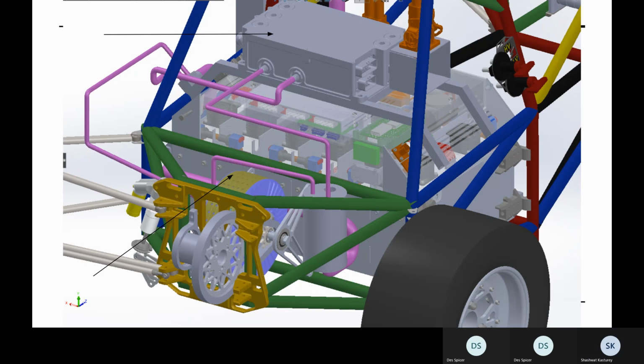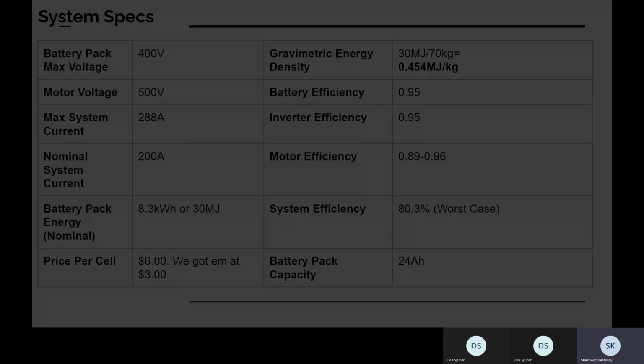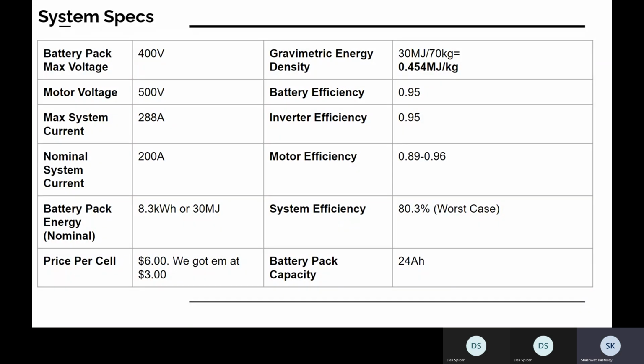So yeah, good question. There are a lot of trade-offs there, mainly weight and feasibility. Any more questions on this? Cool. So here are a bunch of system specs on the battery pack. There are a lot of parameters of interest when it comes to the battery pack.